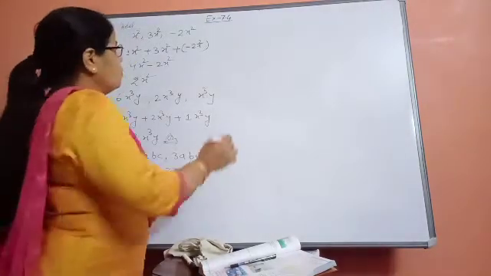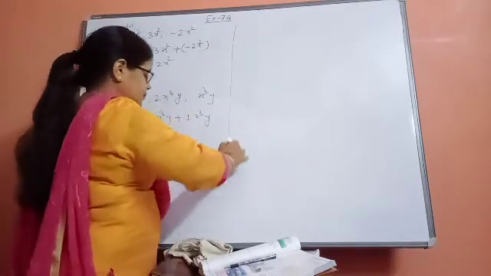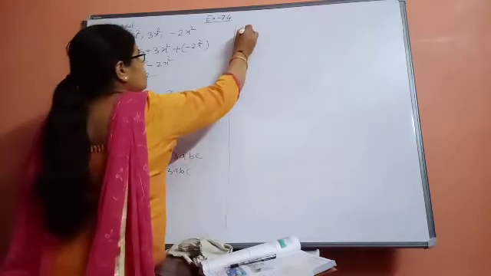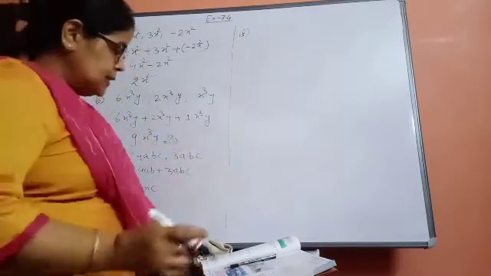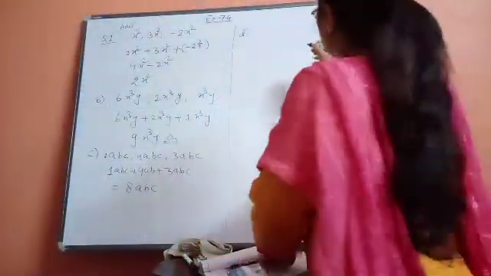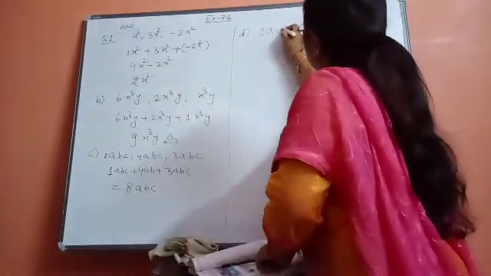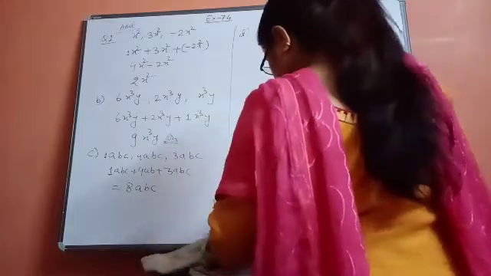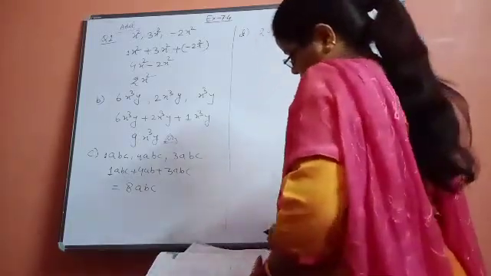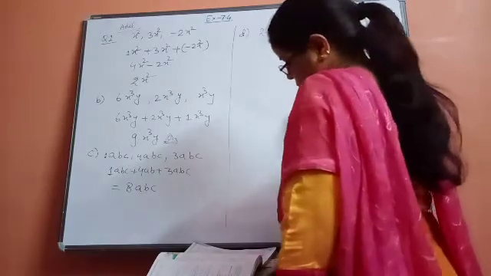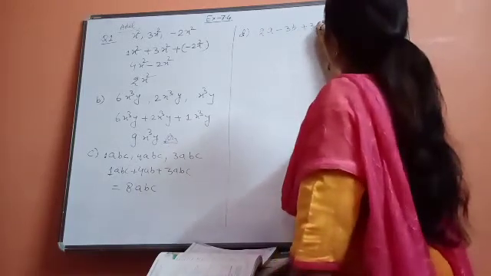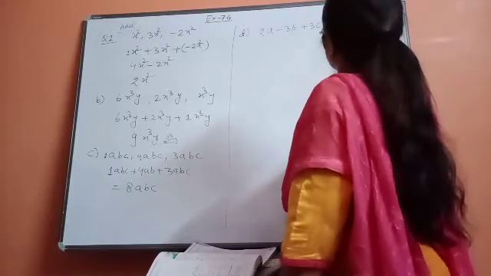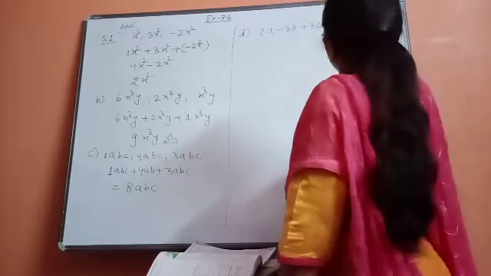Okay. Now come to the D part of the question. What is the D part now? See that 2a minus 3b plus 3c, comma, 3a minus 2b plus c.